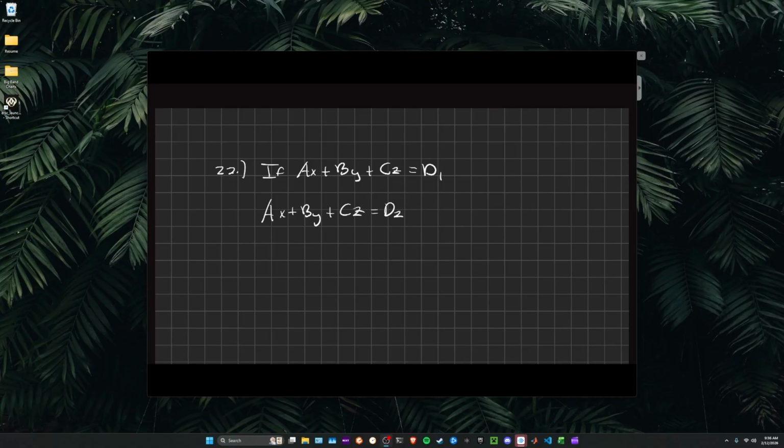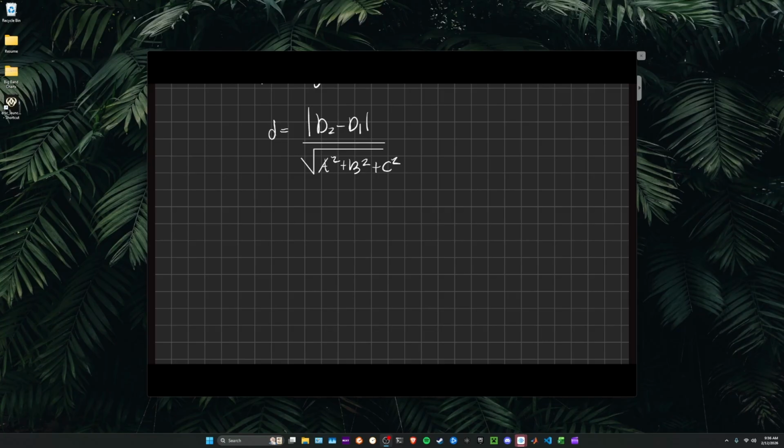They're parallel. If they are parallel, then their distance is given by the norm of d2 minus d1 over the square root of a squared plus b squared plus c squared.